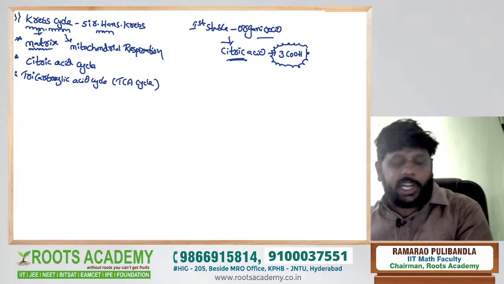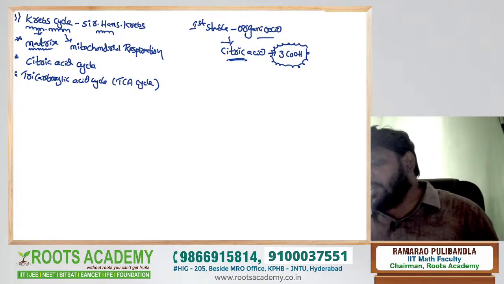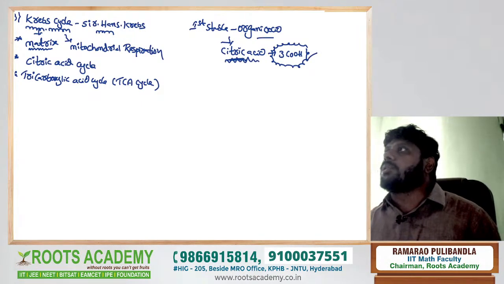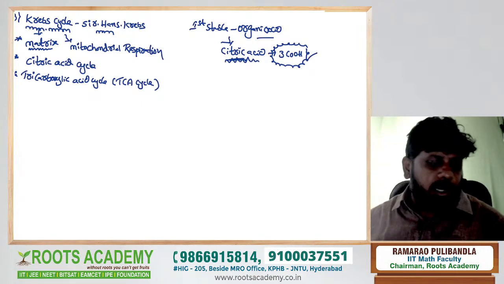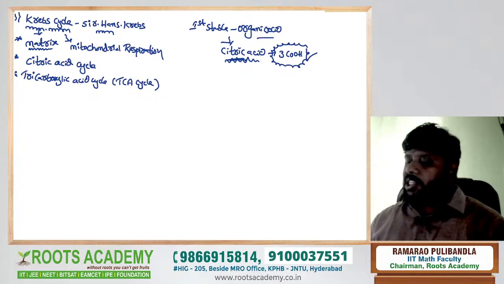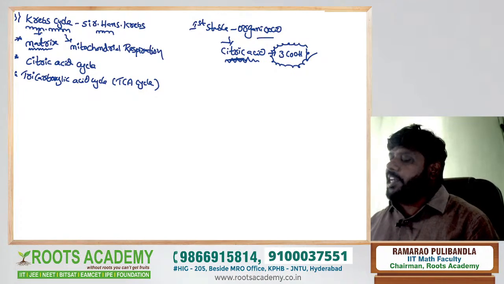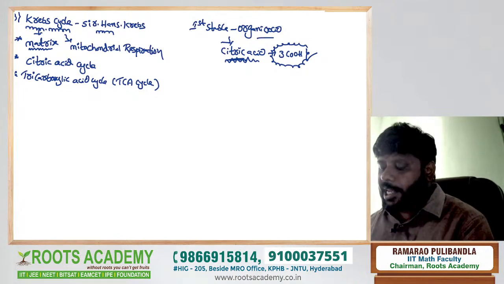Why is it called the TCA cycle? Because citric acid structurally consists of 3 carboxylic groups.